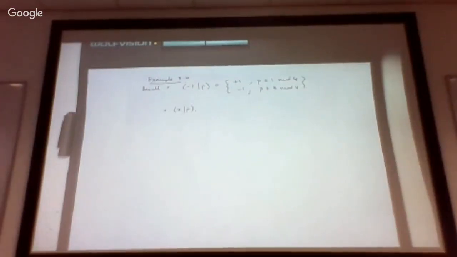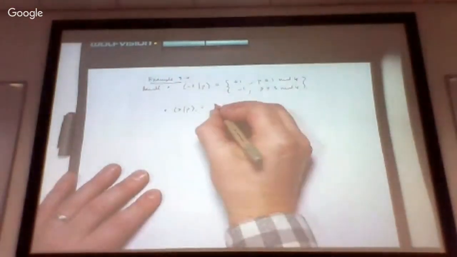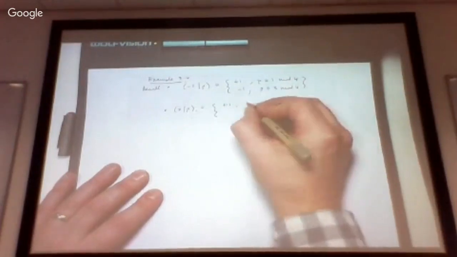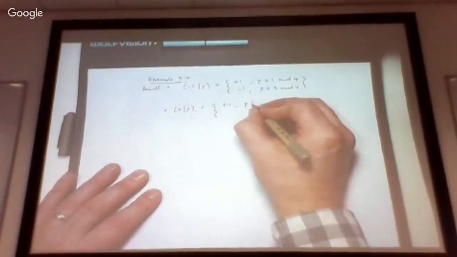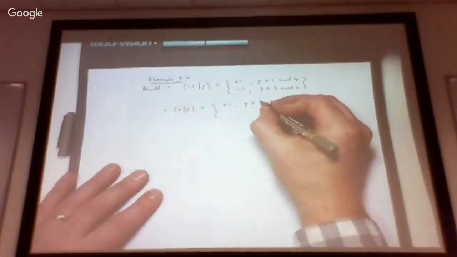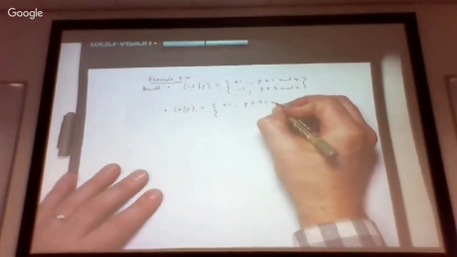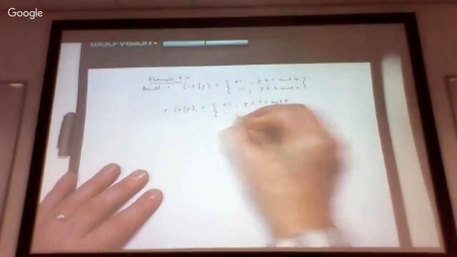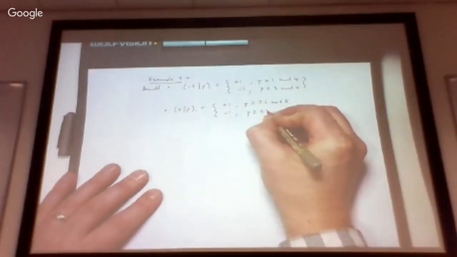I think I stopped just right before the end, but I encouraged you to finish the derivation. It's explained in the notes. It's +1 when p is congruent to +or-1 modulo 8, and it was -1 when p is congruent to +or-3 modulo 8.